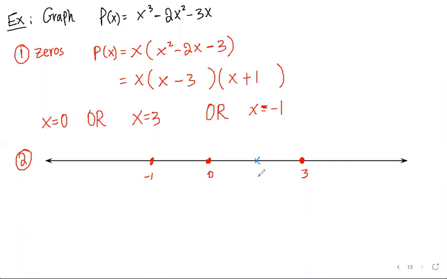Which number would you like to choose? 2. Plug it inside p of x: p of 2 is 2 times 2 minus 3, which is negative 1, and 2 plus 1 is 3. So 3 times 2 is 6, times minus 1 is minus 6. So here we have negative. Now pick any element greater than 3.